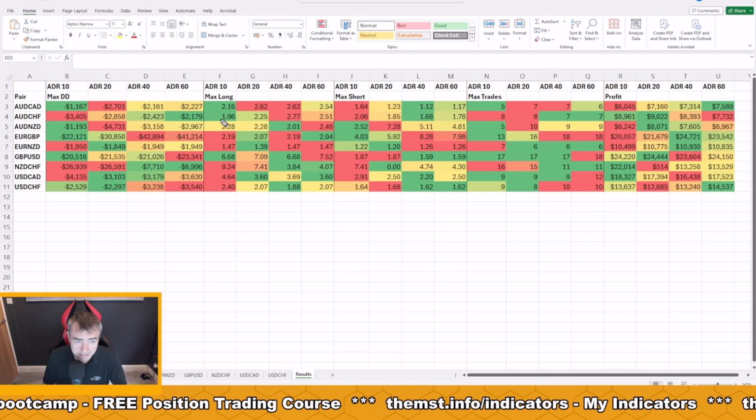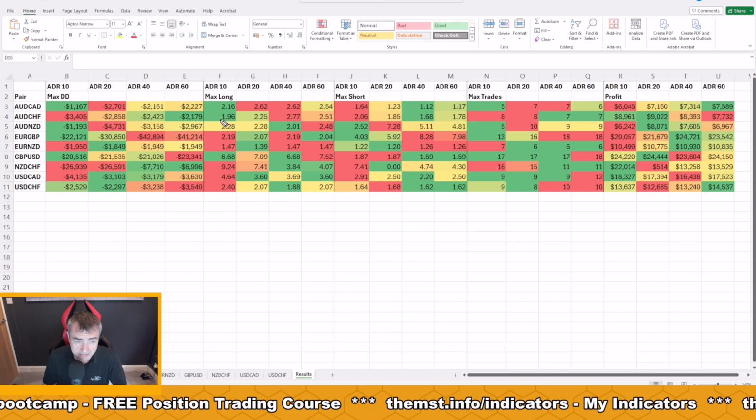But what I suspect is, because we are using this wider range and taking a smaller lot size, it takes a lot longer for these trades to actually achieve target, meaning you will tend to go into more drawdown and hold the trades for a longer period of time. So it actually works out that you're going to get a better result using a higher ADR.